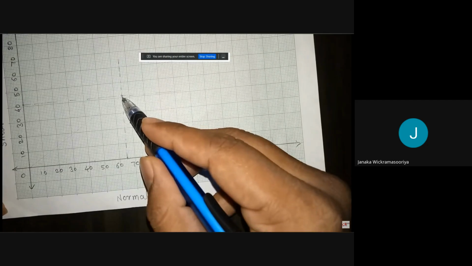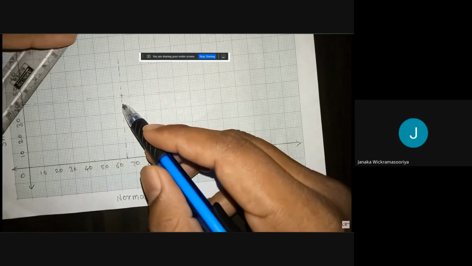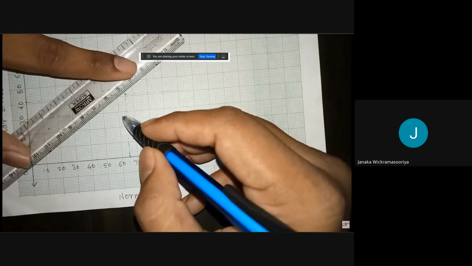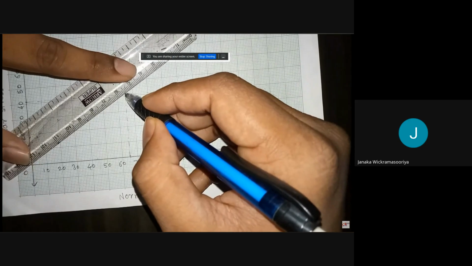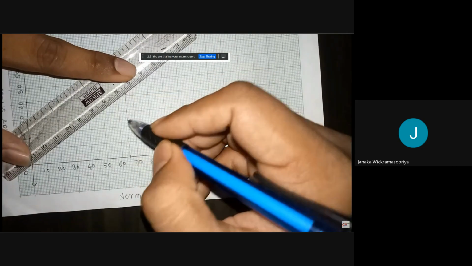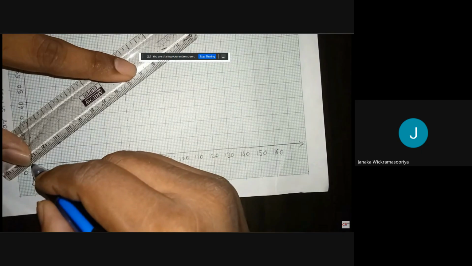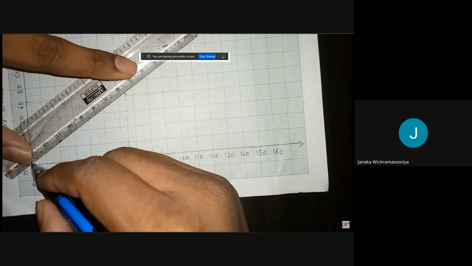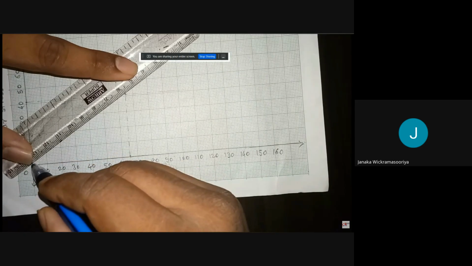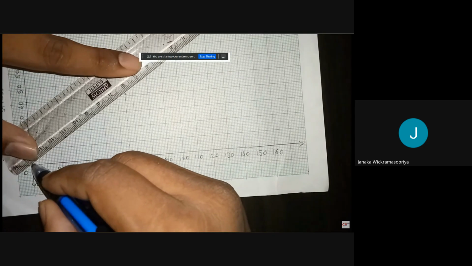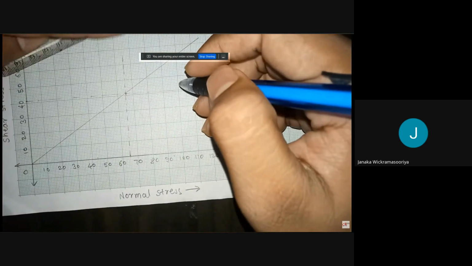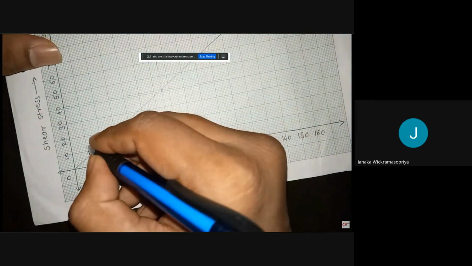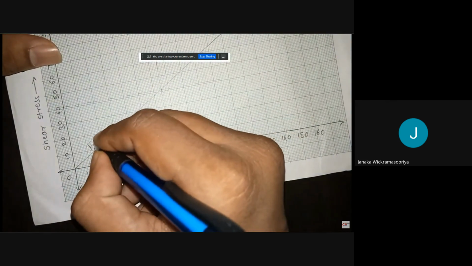Now with reference to this point, draw one line touching the 0, because this type of soil is sandy silt, so cohesion is 0. That's why the line has been drawn. So this is the failure envelope. This line is called the failure envelope.